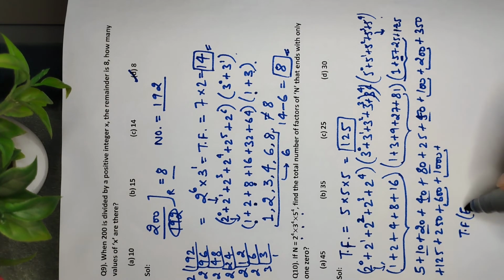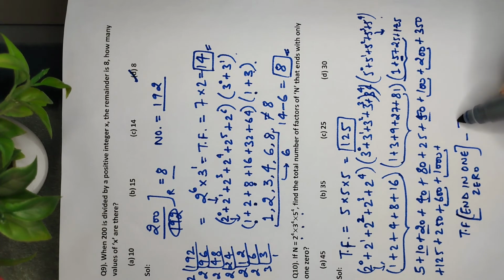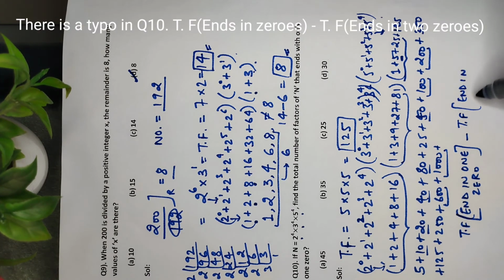I have to find the total number of factors that end in 1 zero, because there will be more factors that end in 1 zero, and then I have to subtract the total number of factors that end in 2 zeros.